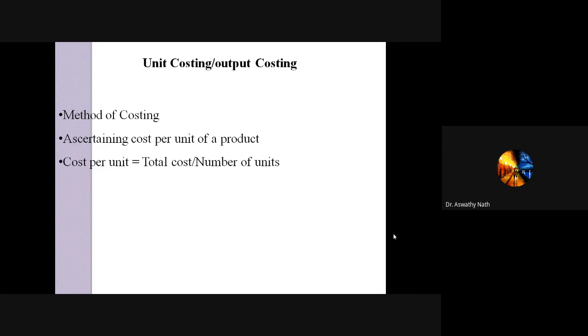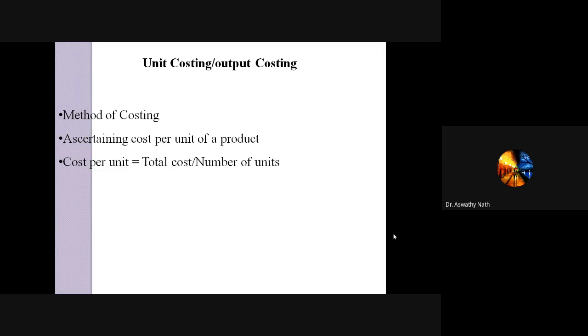These are the different measurements we use for measuring the physical units of different products. So that is all about unit costing. It's a costing method, applied in those industries where production is continuous and the units produced are identical.